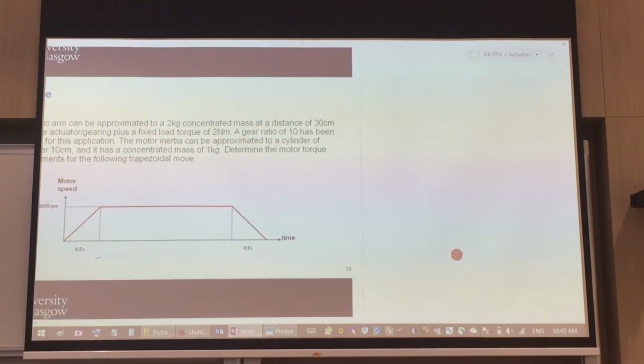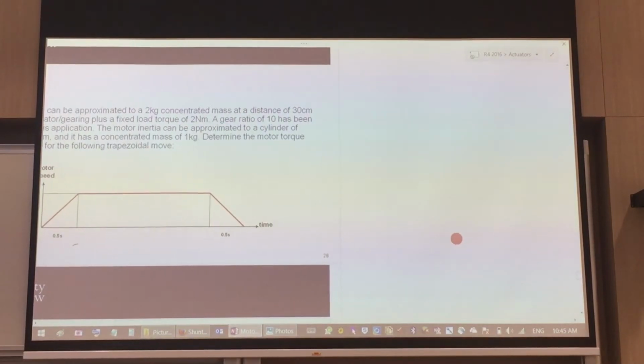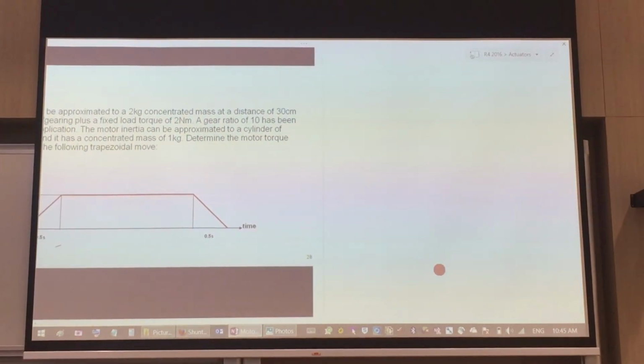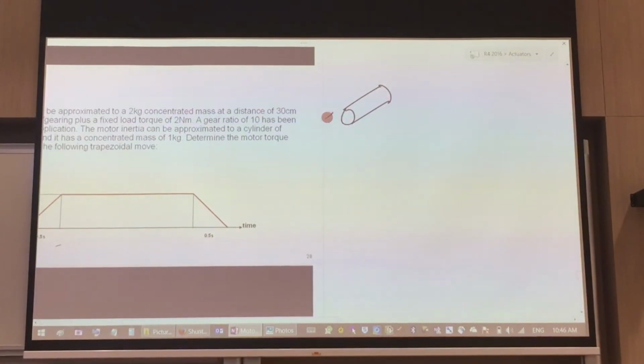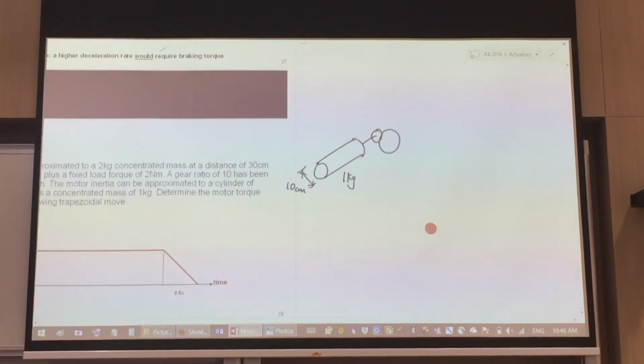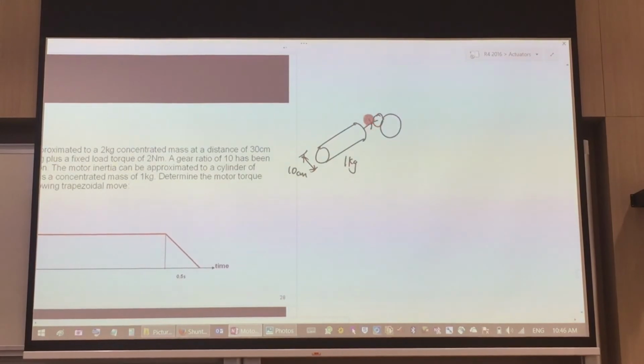In order to solve this question, I'll do a very, very simple sketch. You have a diameter of 10 centimeters, and that's your motor side. It has a concentrated mass of 1 kilogram, and it's driving the reduction gear. The ratio n is equal to 10, that's given in the question.